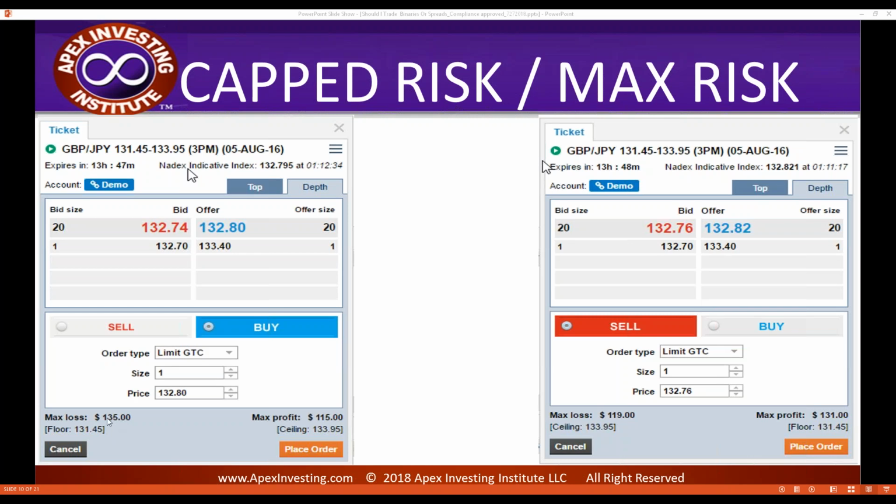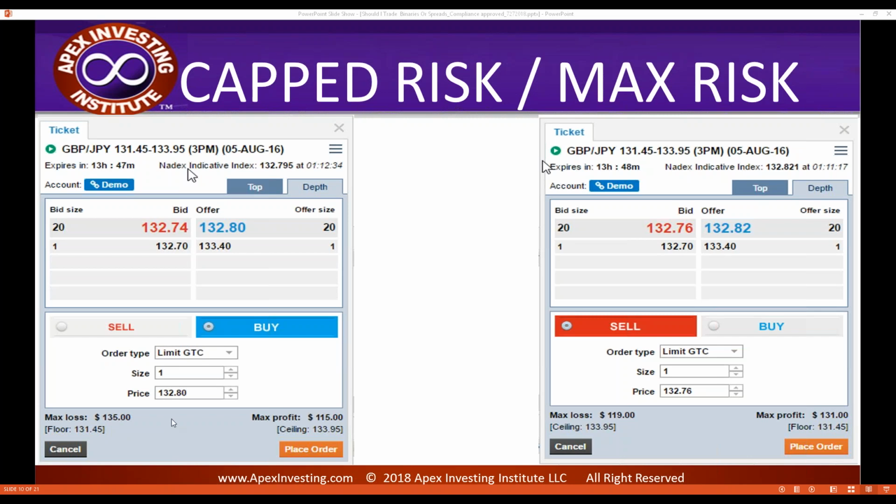So for me to lose $135 on this spread, it would have to go against me 135 points, not just 1/10 of a point. So everybody, that's a very important key that you have to make sure you understand when it comes to binaries and spreads: you can't let this max loss number right here control your emotions or control your decision on what you do, because they work differently.